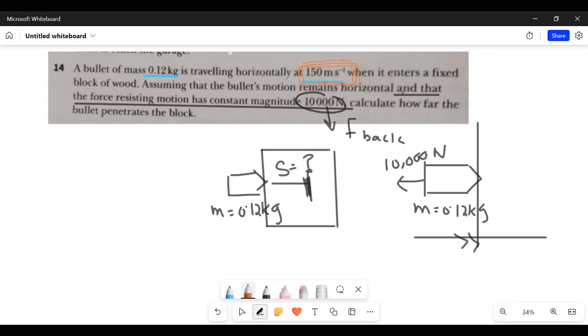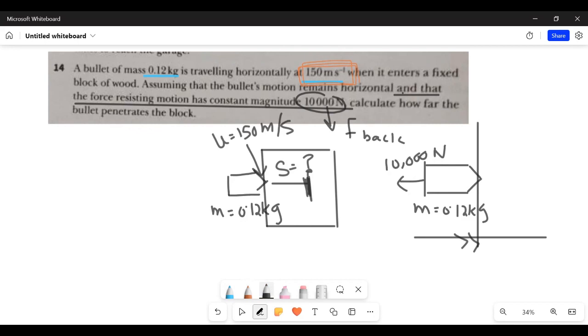Is it the speed here, or is it the final speed here? As soon as it hits the block, that speed is 150. So the speed here is 150 meters per second, making it u for this particular question.